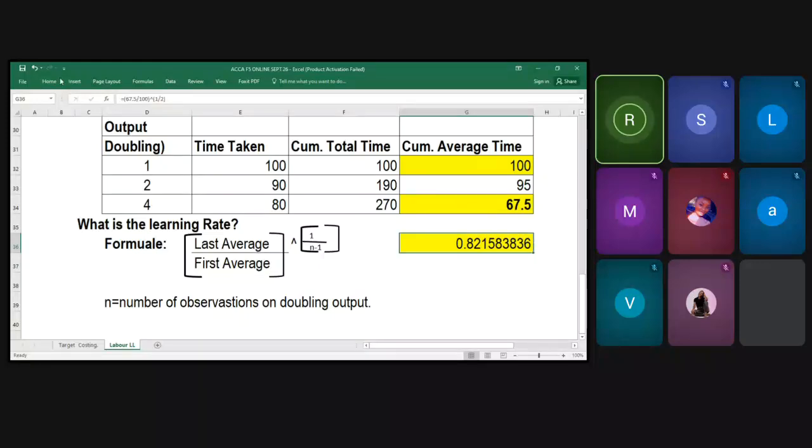So my learning rate in terms of percentage is 82.16. What does that mean? It means that the employee here is learning at 82.16%.